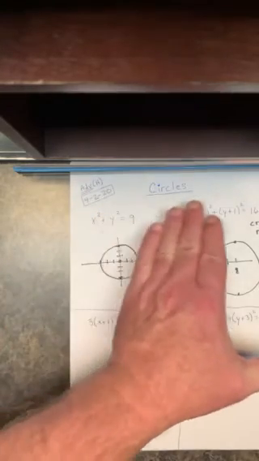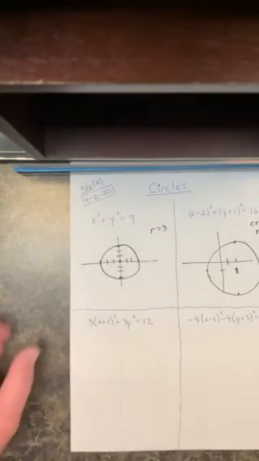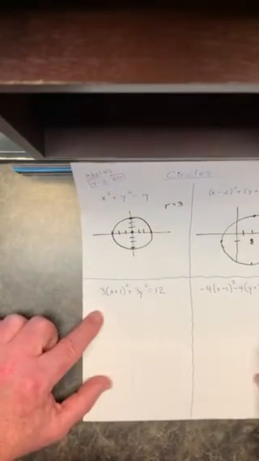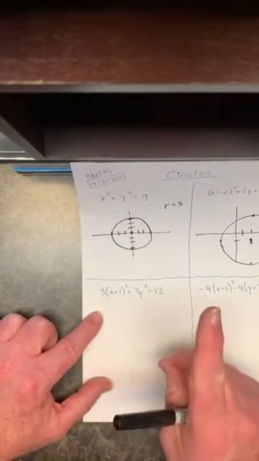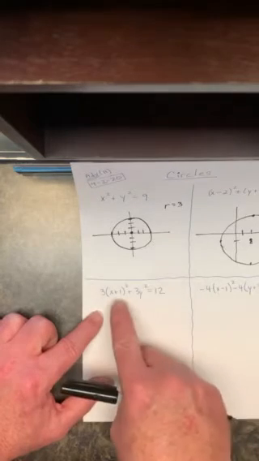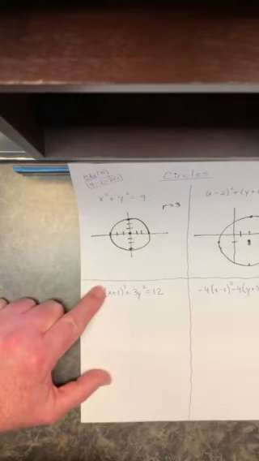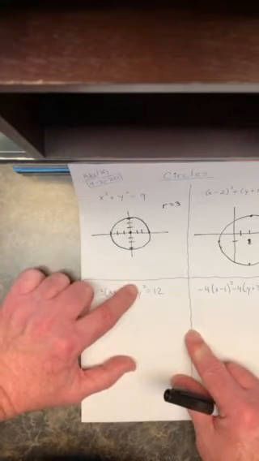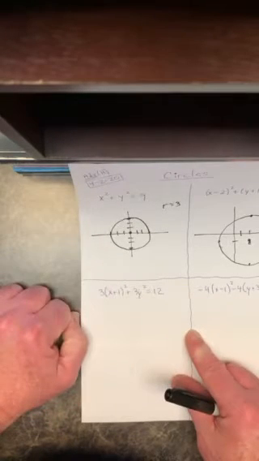Notice something a little bit different is happening on each problem. If you now look at this problem in the third block, I noticed something different. If you were playing detective here, this x plus 1 squared has a 3 in front of it, and that y squared has a 3 in front of it.